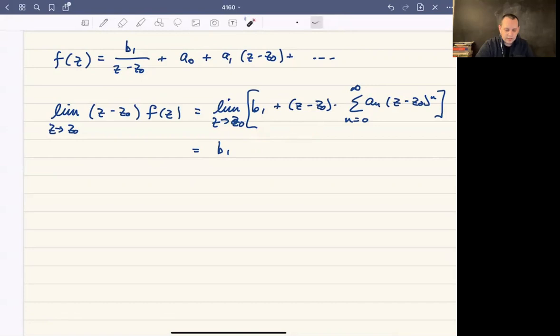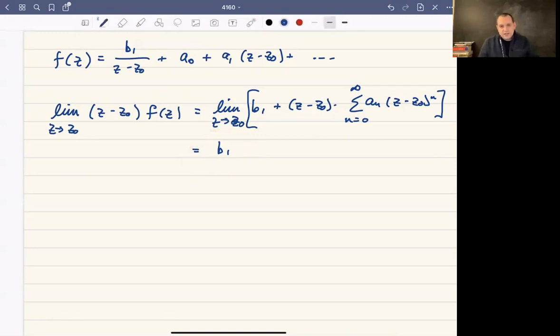In this case, 1 is the largest integer where b sub n is non-zero. So that means that automatically this limit won't be 0, and b1, which is this limit, happens to be the residue. That will be super, super useful for us.